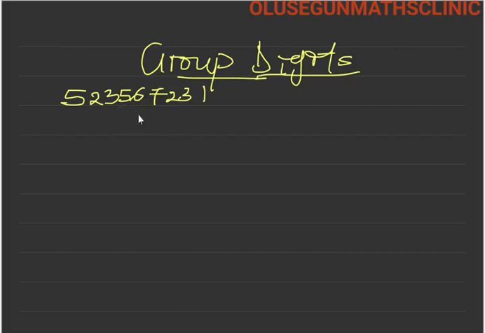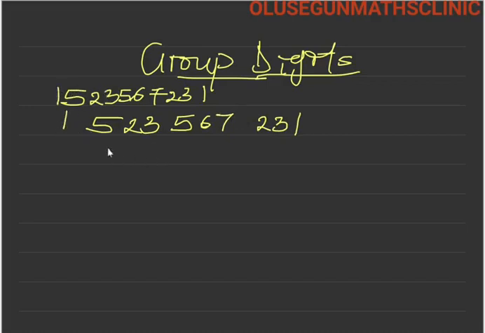So for example, if we want to write this number, we write it in this form, like 5, 2, 3. You give a space, write 5, 6, 7. We give another space, 2, 3, 1. In pronouncing this, let's put 1 here.